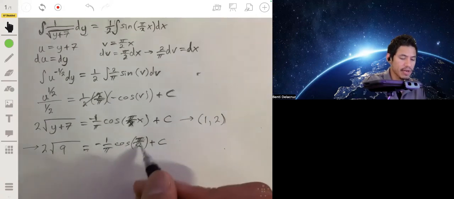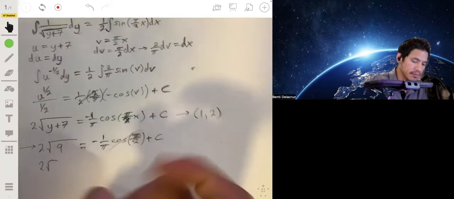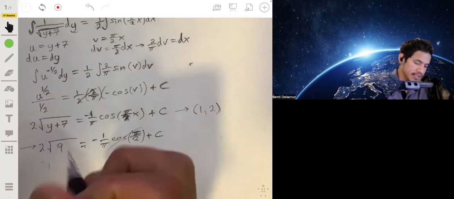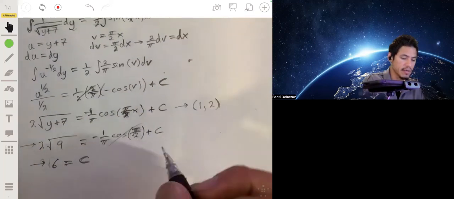Now the cosine of 1/2 pi is just 0, so this falls away. So then this basically leads to 2 times 3, let's just write this as 6, being equal to our constant, because this is just 0.